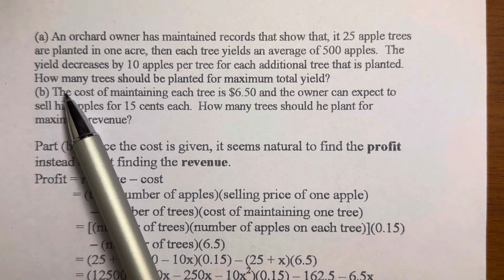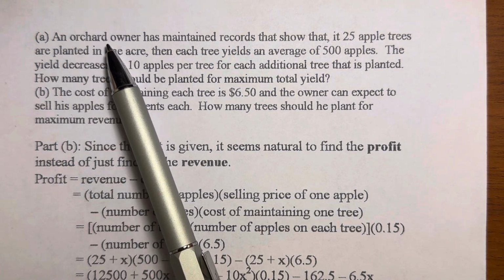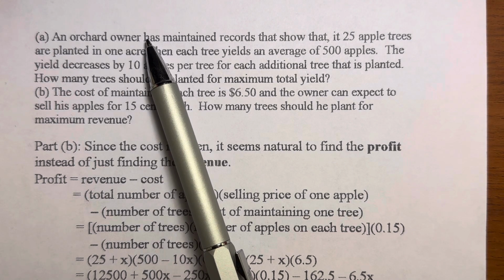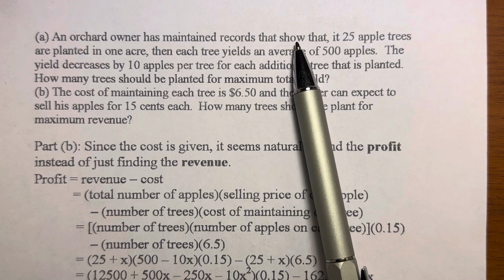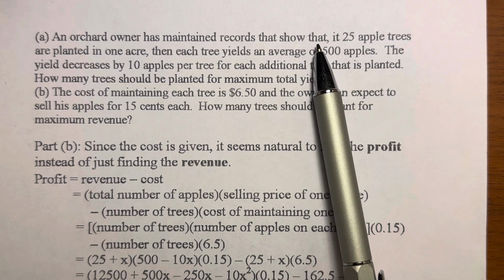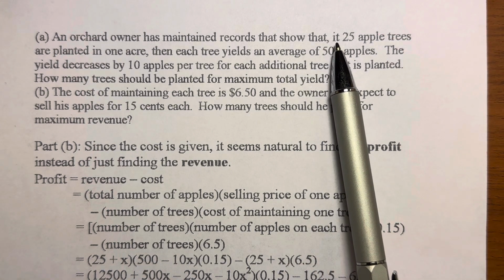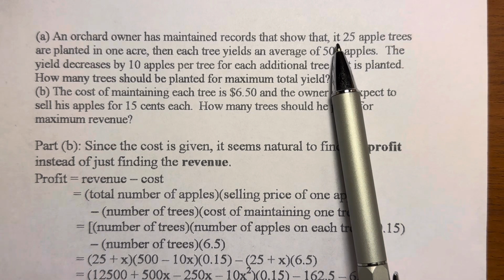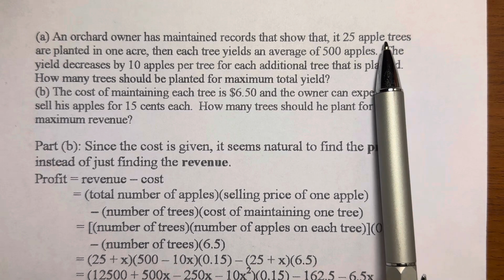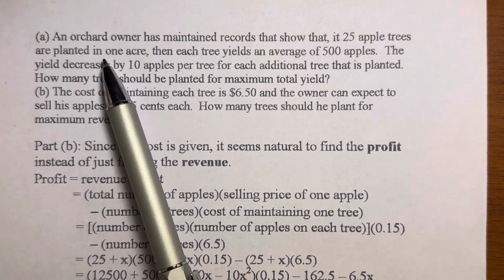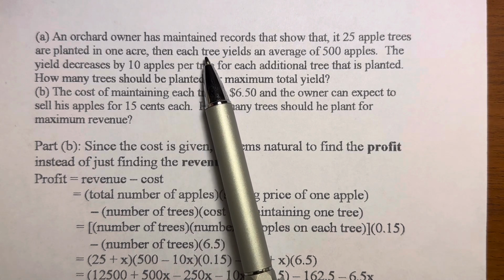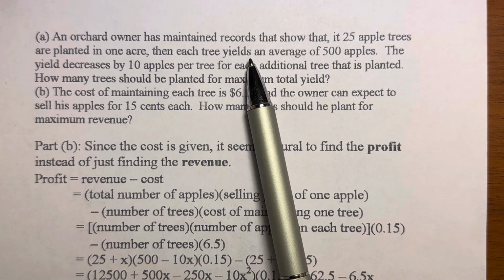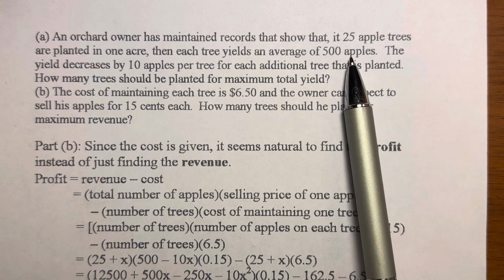The question is this. An orchard owner has maintained records that show that if 25 apple trees are planted in 1 acre, then each tree yields an average of 500 apples.